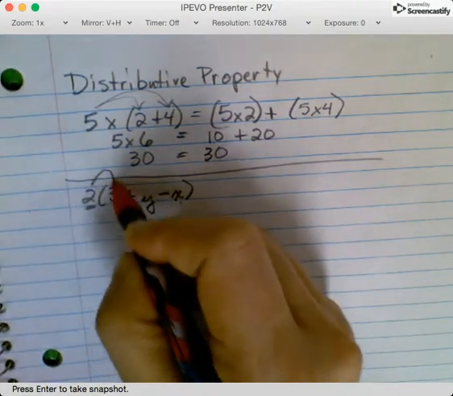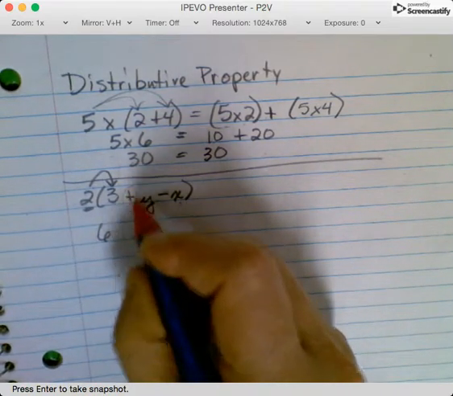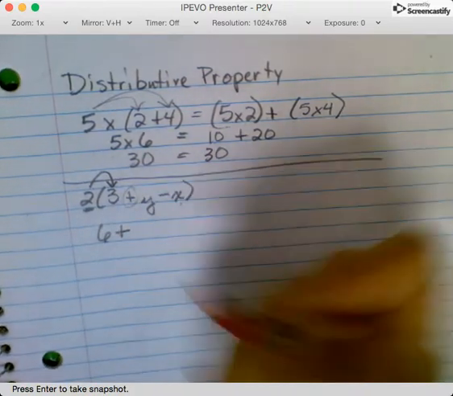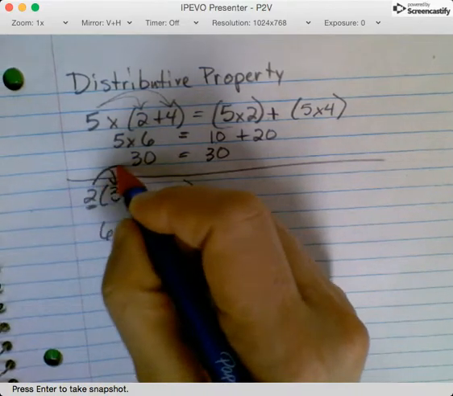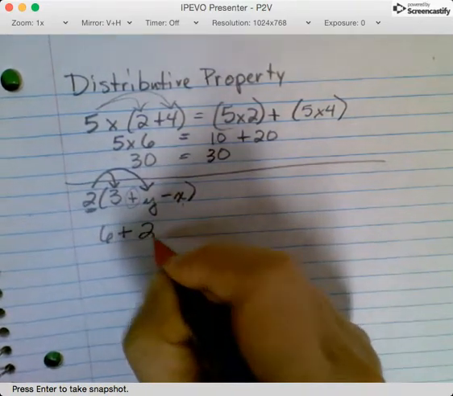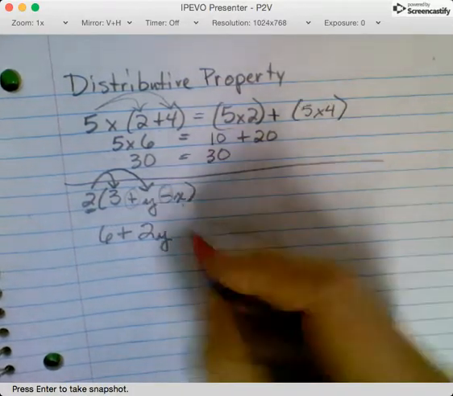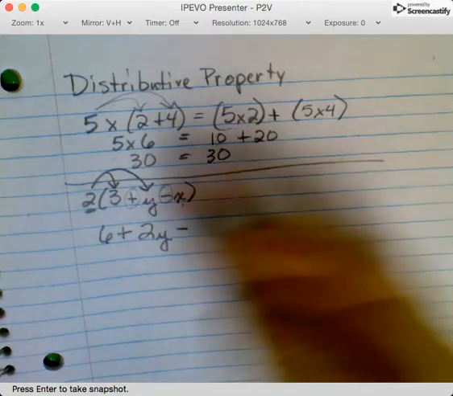So I would first do my 2 times my 3, which is 6. My sign stays the same, so I leave my plus sign. Then I take my 2 times my next number, which is y. I'm just going to write that as 2y. Then my sign here stays the same, which is subtraction.